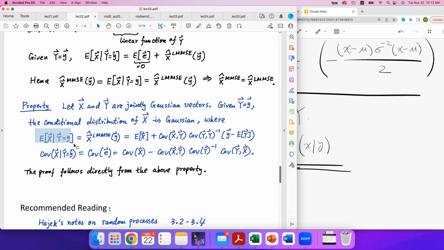In this case, the mean is given by the conditional mean, which is essentially the linear MMSE estimate of y. So it's given in this way. Conditioned on this realization, x has a Gaussian conditional distribution, and the mean vector is given by this one. The conditional autocovariance matrix is given in this form.